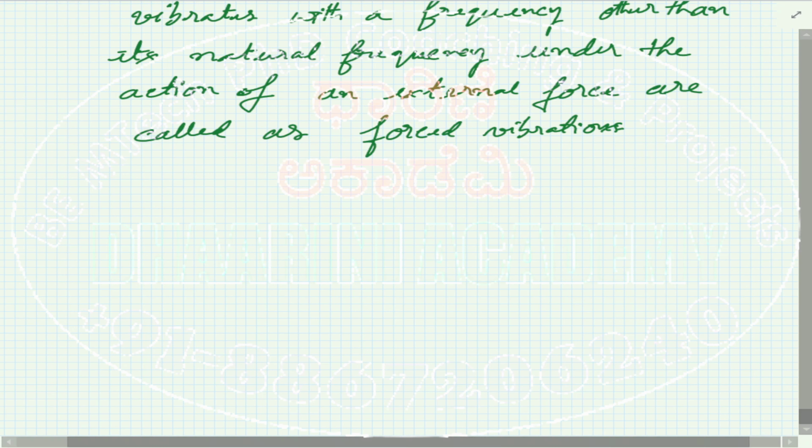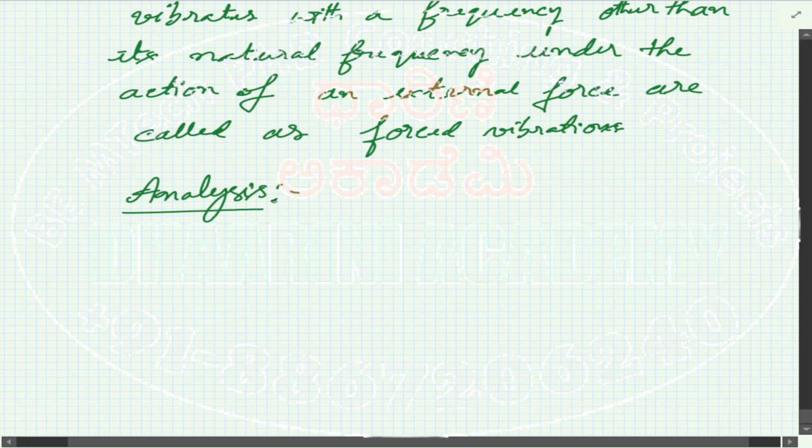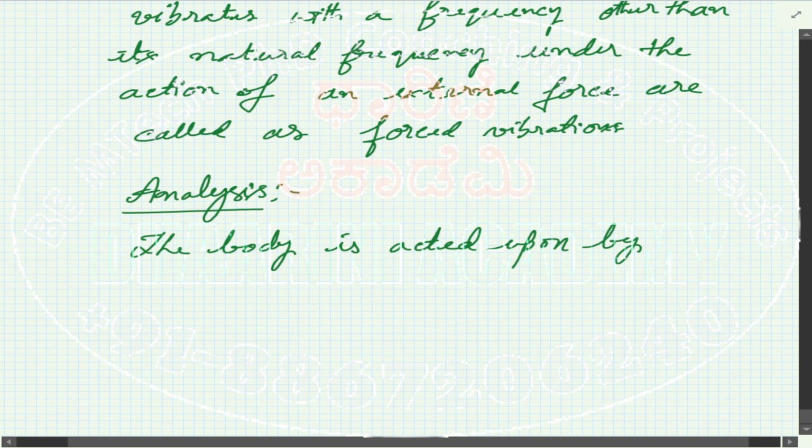Now let's look at the theory and the analysis of forced vibration. In case of a forced vibration, the body under forced vibration or forced oscillation is acted upon by the following forces. The first force is a restoring force.